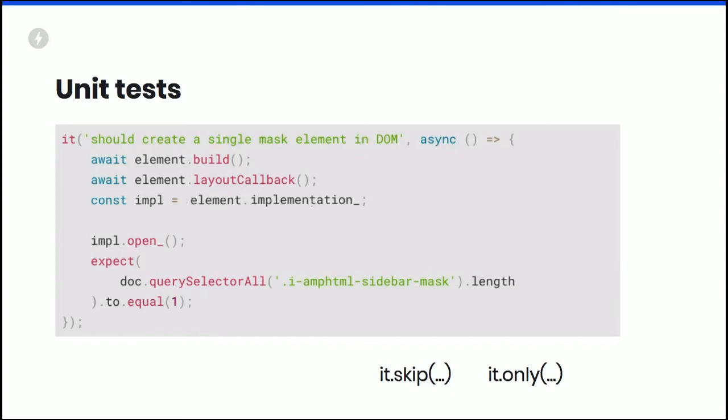A couple of other things that could be useful here are first it.skip, which skips the test case that you have it on, as well as it.only, which, when run, will only test the case that has it.only. This is very useful if you are only interested in one specific test case in a very large test file.